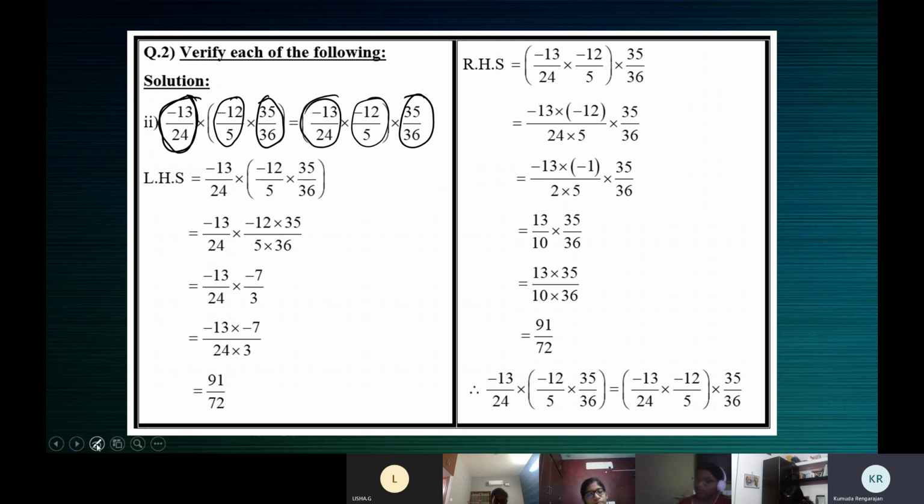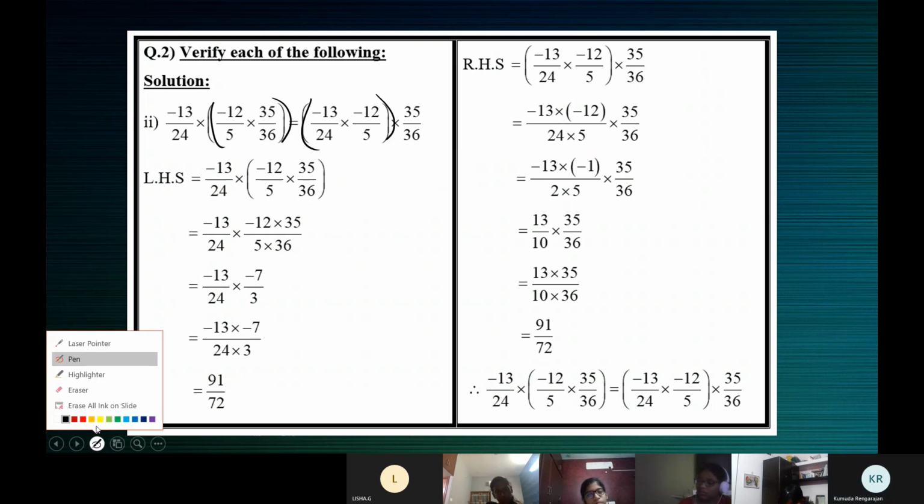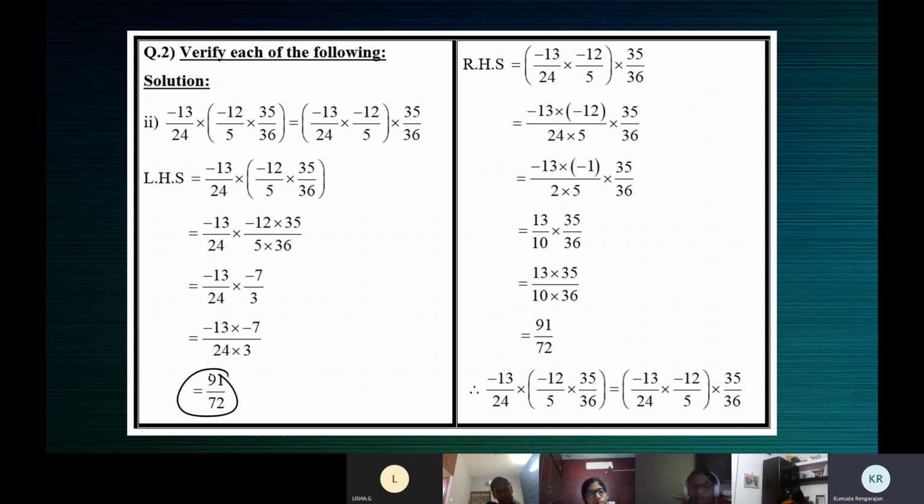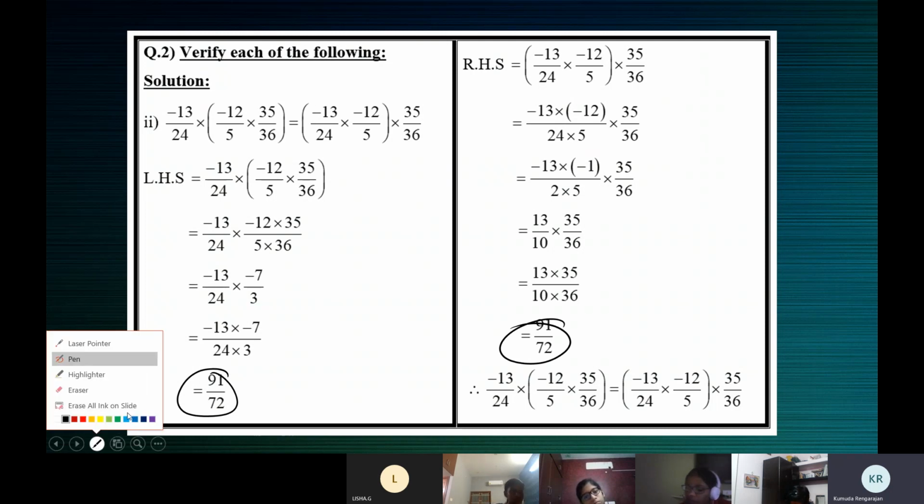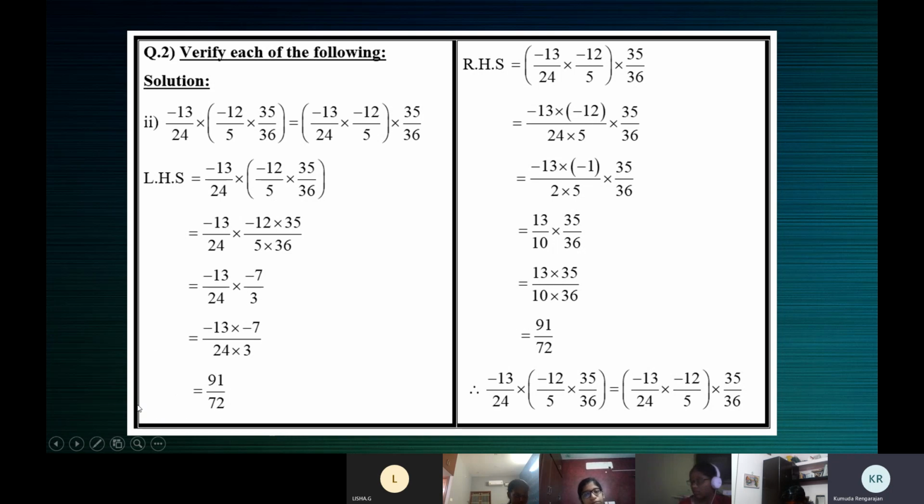Just that they are grouped in different ways. Here the last two are grouped, here the first two are grouped. But the answer is the same in both the cases. That is why we say rational numbers are associative under multiplication.